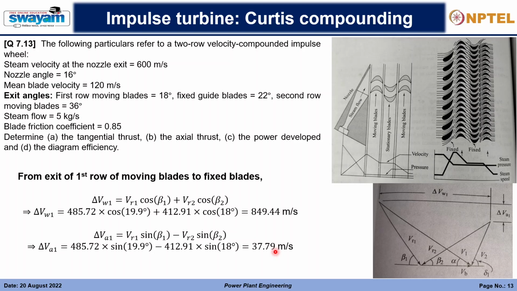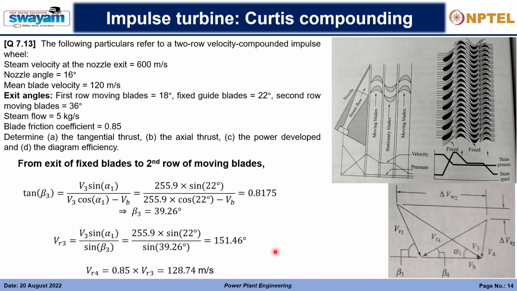Now for the first moving blades we have done the whole analysis. Now we move to the second moving blade. So we know the velocity at which it is inletting, meaning it is coming into the blades. Then we calculate the value of this beta 3. First, according to the thumb rule, we use beta 3.